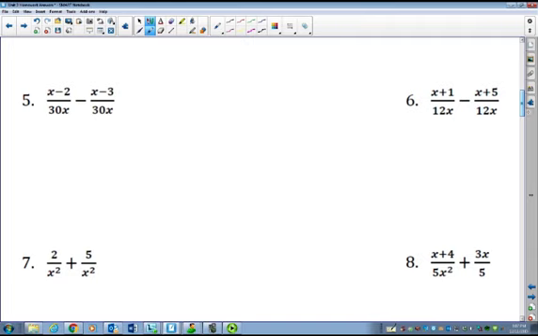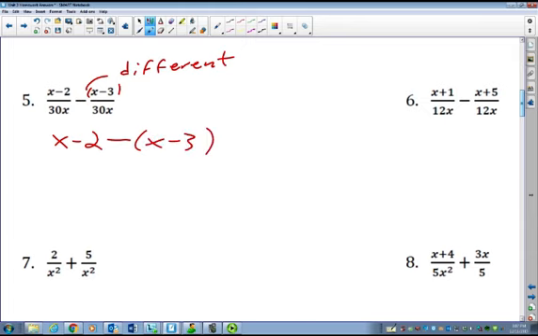So now the subtraction is okay. And so the subtraction actually affects the whole thing on that second part. So what I mean by that is we do x minus 2 subtract x minus 3 in parentheses.